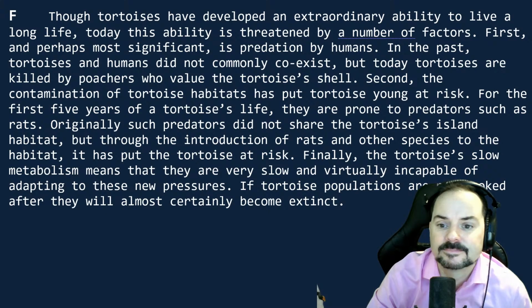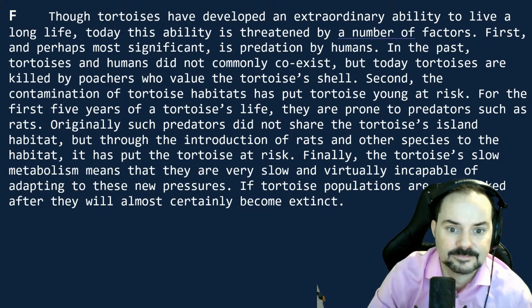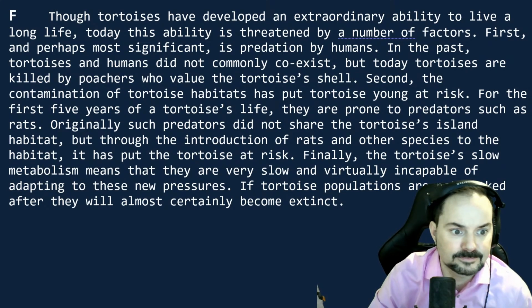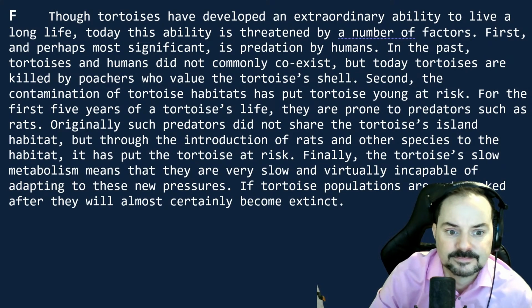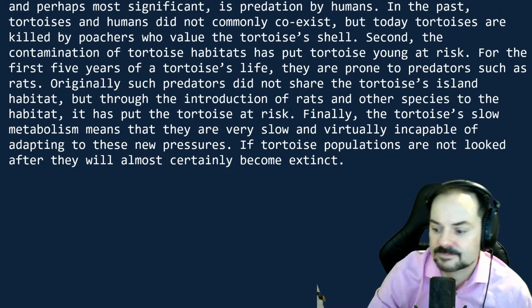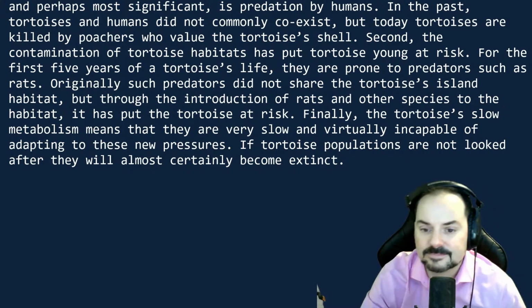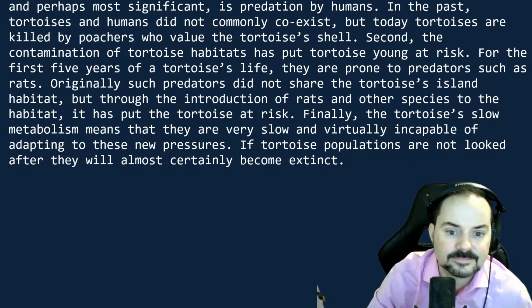For the first 5 years of a tortoise's life, they are prone to predators such as rats. Originally, such predators did not share the tortoise's island habitat, but through the introduction of rats and other species to the habitat, it has put the tortoises at risk. Finally, the tortoise's slow metabolism means that they are very slow and virtually incapable of adapting to these new pressures. If tortoise populations are not looked after, they will most certainly become extinct.